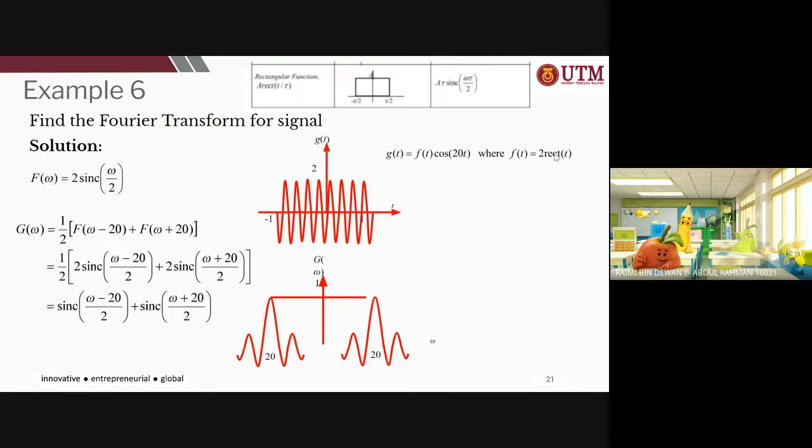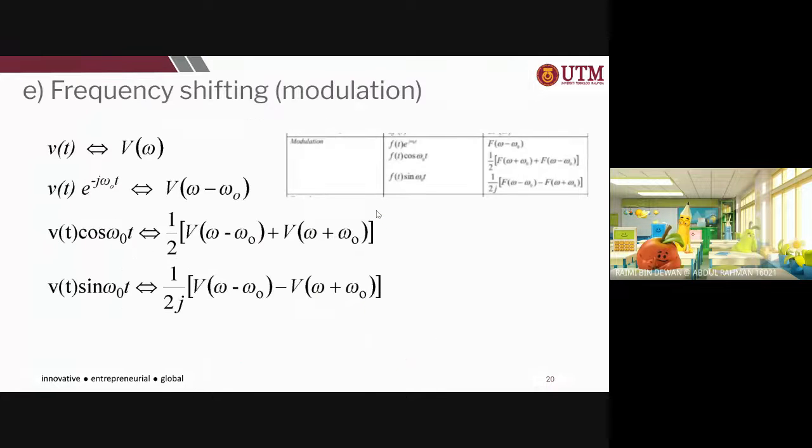You match the rectangular with the cos, so you have your initial cos like this, but it is only cut according to the ranges of the carrier wave. We call it the carrier wave.